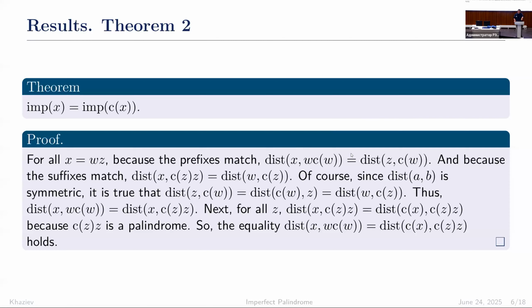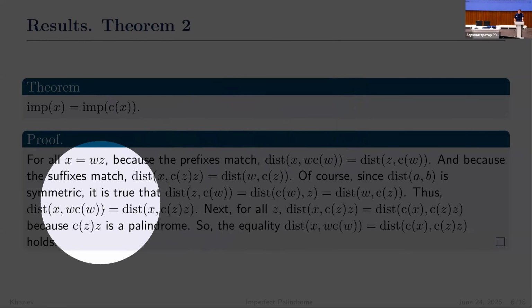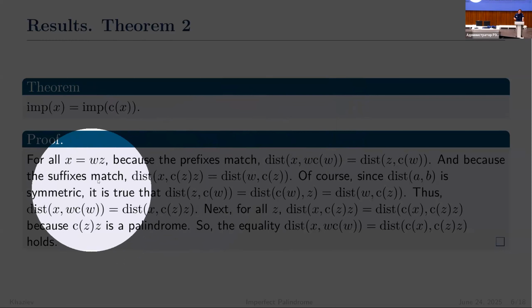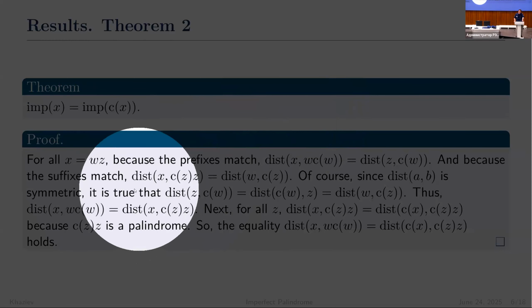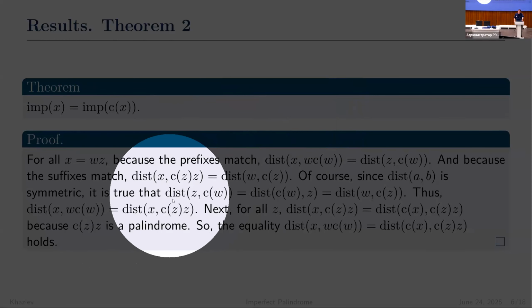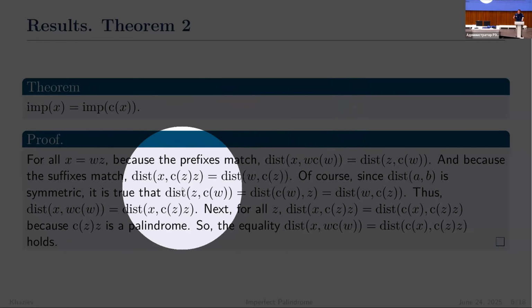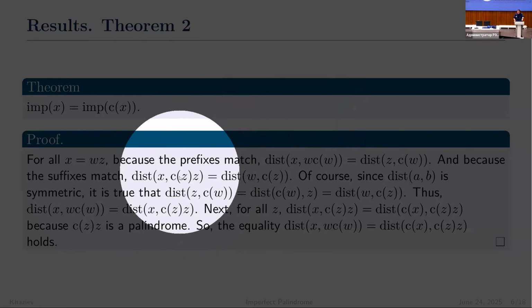Thus, the distance between x and w concatenated with C of w is equal to the distance between x and C of z concatenated with z.